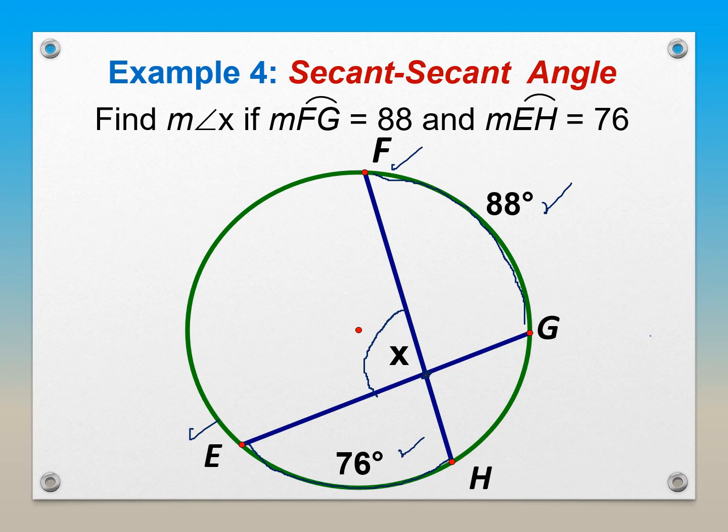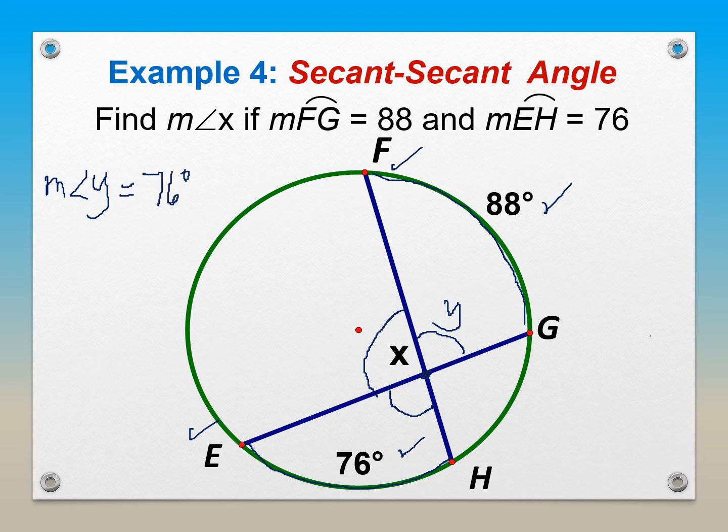For us to look for the measure of angle X, we have to look first for the measure of this angle, because the given arcs are the intercepted arcs of this angle and its vertical angle. So let's say this is angle Y. Let's solve for angle Y. The measure of angle Y is equal to the sum of the two intercepted arcs divided by 2.